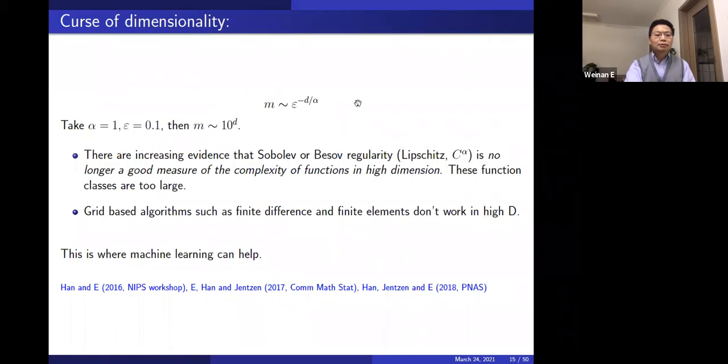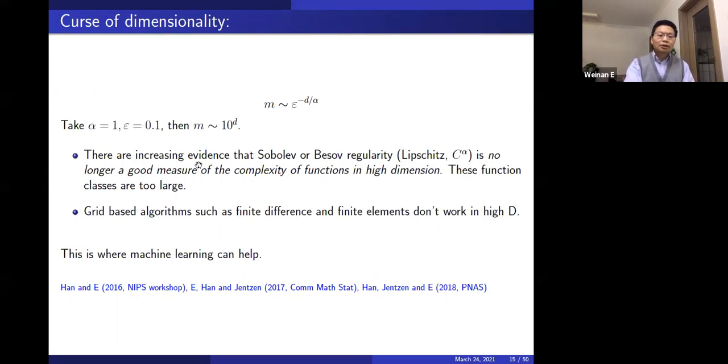So this is the problem with all classical approximation schemes, namely there's a curse of dimensionality. As the dimensionality goes up, the complexity, the number of free parameters required, goes up exponentially fast. That's bad. And it's not just that. It's not just these classical algorithms like finite difference and finite elements that are not good enough for high dimensions.